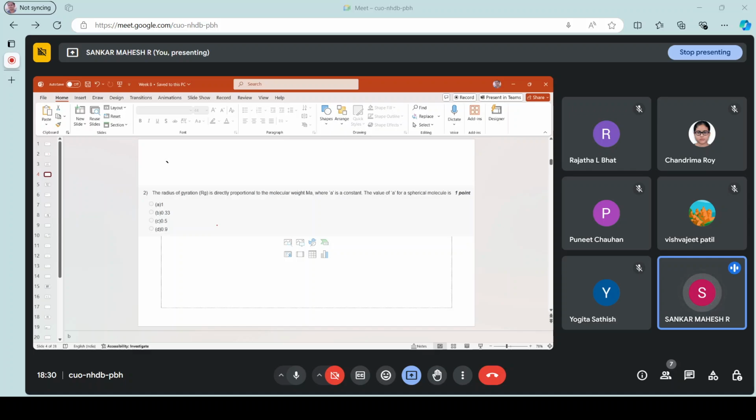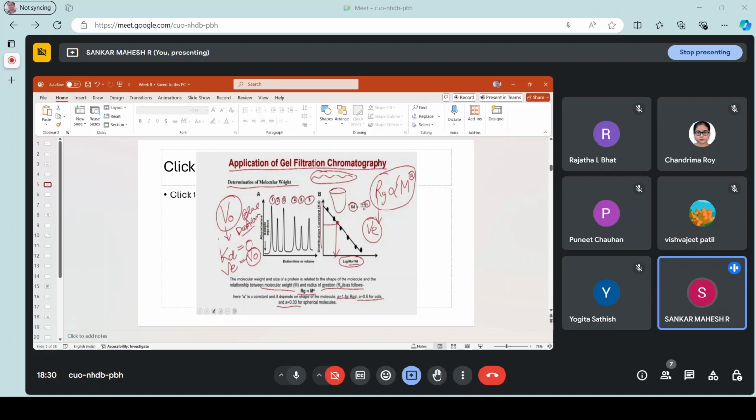So this is the relation that one needs to understand when it comes to radius of gyration and proteins. Now the question here is, what is the value of this a for a spherical molecule. As shown here, the a value will be 1 for rod, 0.5 for coils, and 0.33 for spherical molecules.